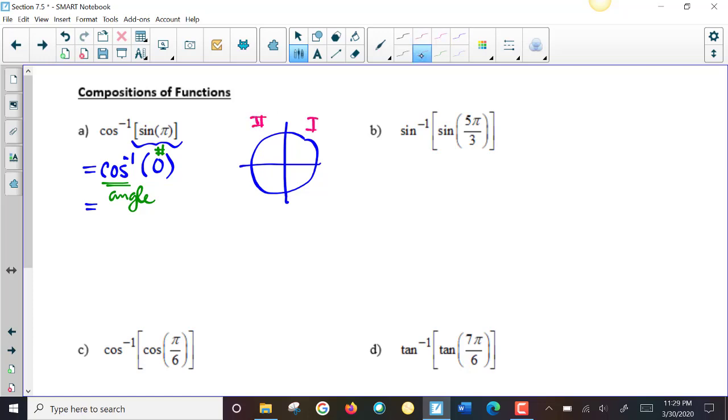So we're giving an angle in quadrant 1 or 2 whose cosine is 0. Remember, the cosine is the x coordinate. So we're talking about up here. So an angle between 0 and 180, or 0 and pi, that has a cosine of 0 would be pi over 2.